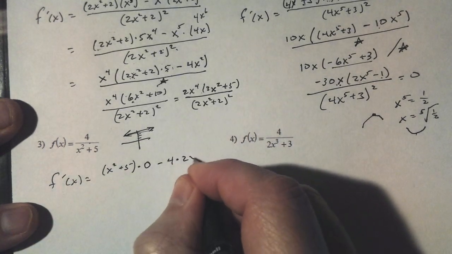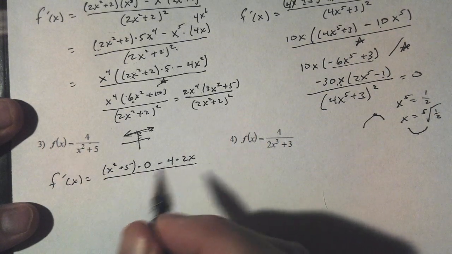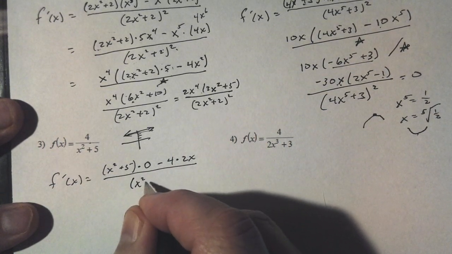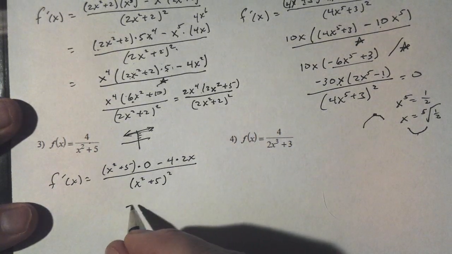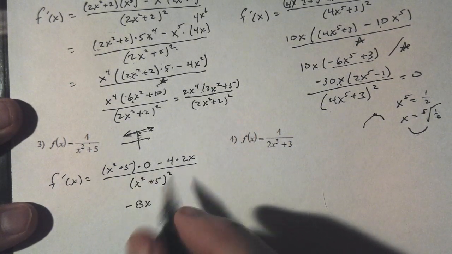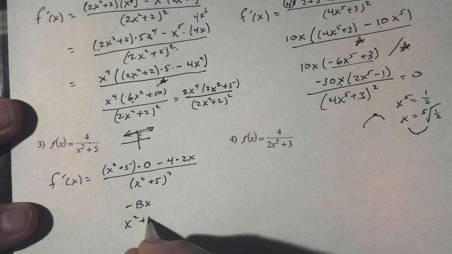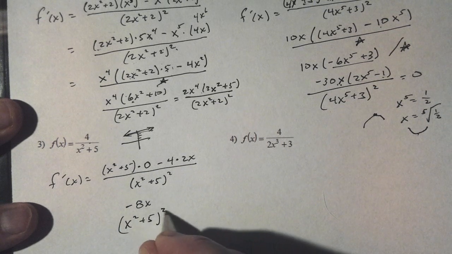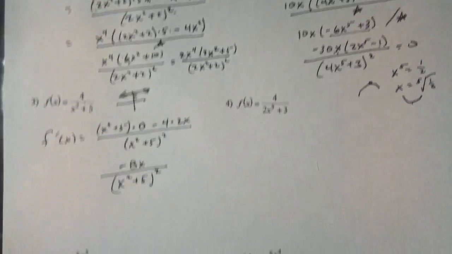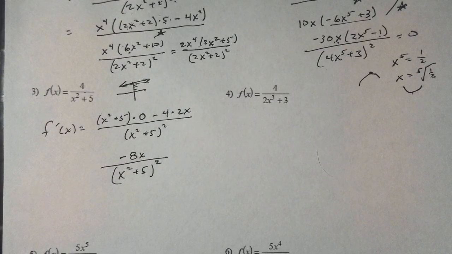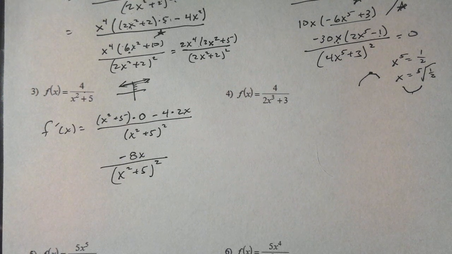Derivative of low is 2x, all over the square of the thing below, x squared plus 5 squared. Oh, this is a great one. I end up with negative 8x in the numerator over x squared plus 5 quantity squared. And that is it. So probably would have been a great first problem for us, but it's a nice little relief after the others. Go ahead and try 4, and I'll be right back with you.